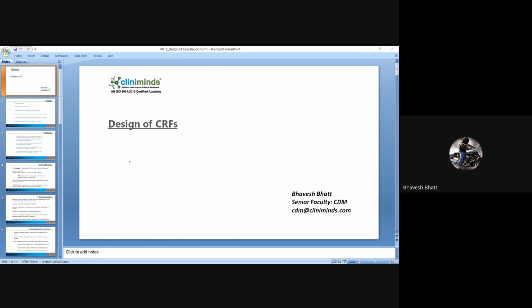Both are parallel documents, one of which is going to design the display, which is going to be on the front end, as well as the other which is going to tell us how the questions are getting placed.